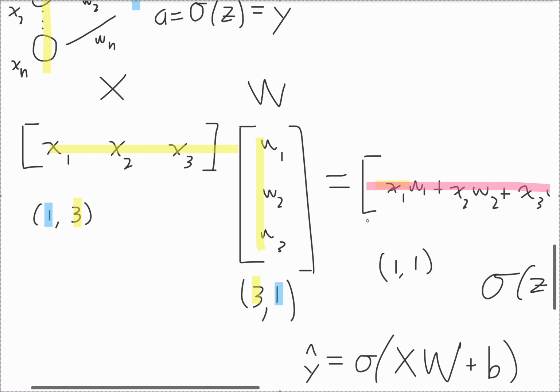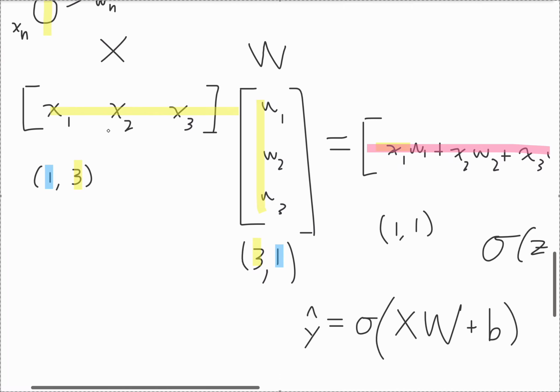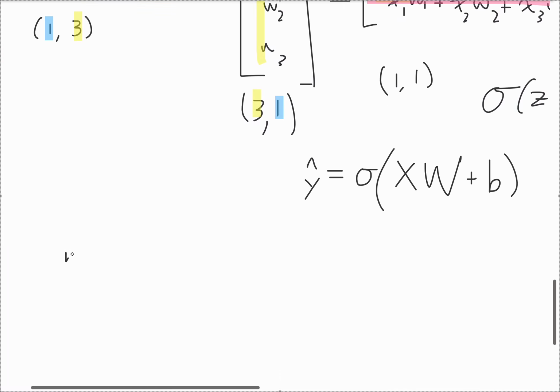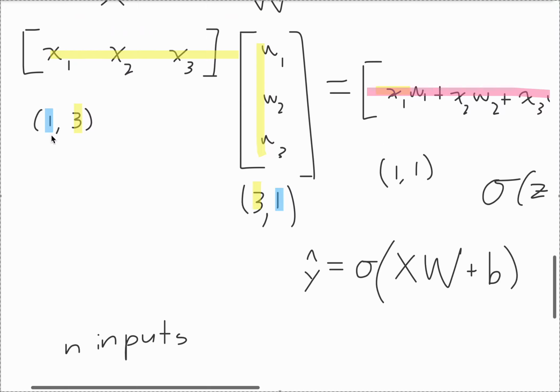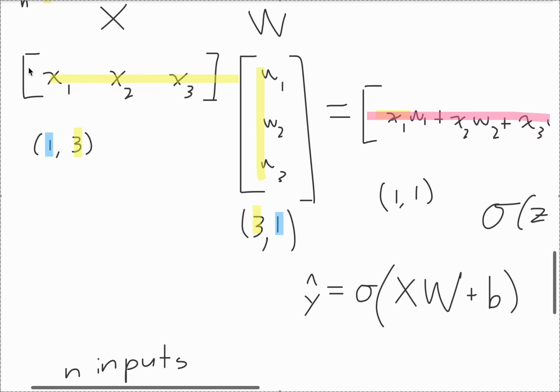We did this for 3 inputs, but more generally, if you wanted any n number of inputs, you would just need your input matrix to have dimensions 1, n. Instead of 1, 3, you would organize the n inputs horizontally.